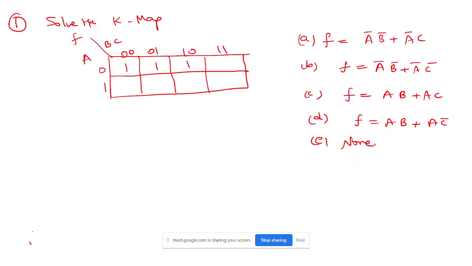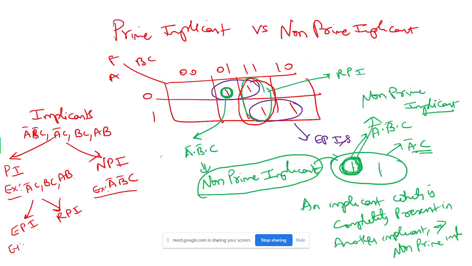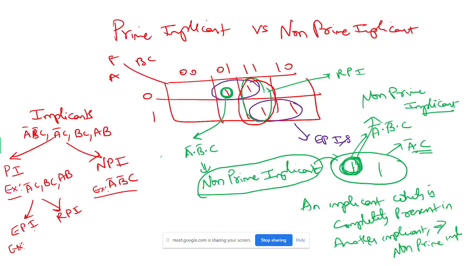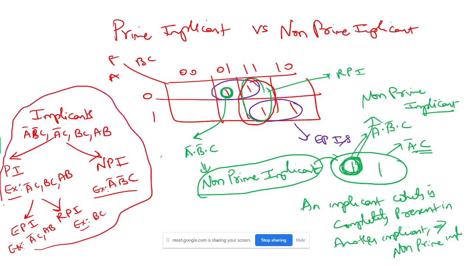For example, A bar C and A B are essential, the RPI is B C. This is a categorical discussion. Anything you take is called an implicant. In that, they are divided into prime implicants and non-prime implicants. Then PIs are divided into two types, RPI and EPI.